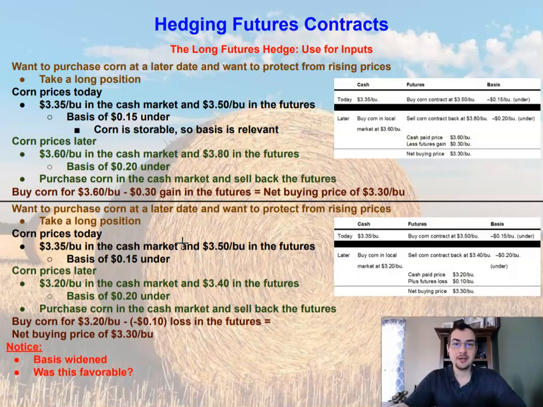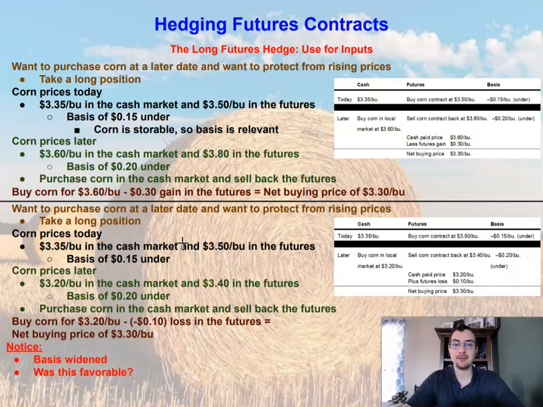But here's the thing to consider. Whenever you're selling a commodity, or shorting the market, the price you sell that commodity for comes into your bank account, or into your pocket. But whenever you are buying inputs and using the long futures hedge to lock in a price, that is money going out of your account.